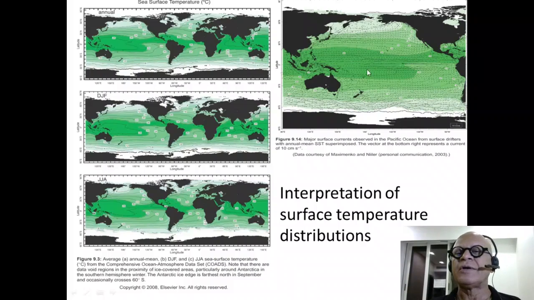So we have to combine the net heat fluxes, the freshwater fluxes, the mixed layer physics, and the currents to produce the distribution of sea surface temperatures.